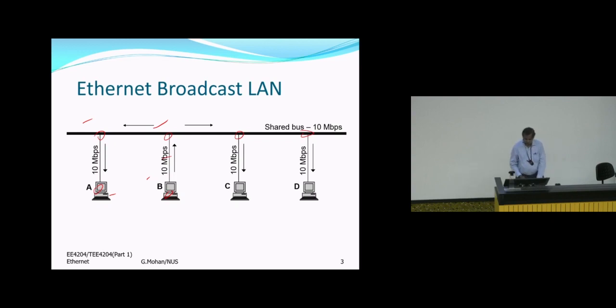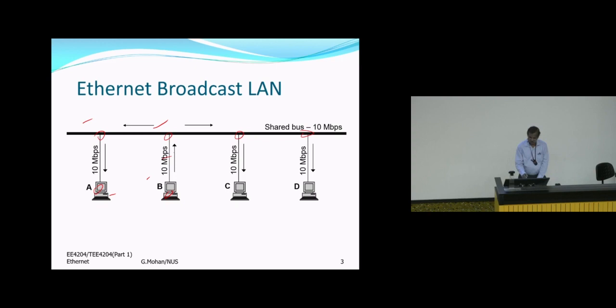But still the adapters are compatible with the shared medium network, so they use some protocols in the event of collisions and other things. In this case, it's half duplex. Half duplex means A can communicate to B and B can communicate to A, but not at the same time.